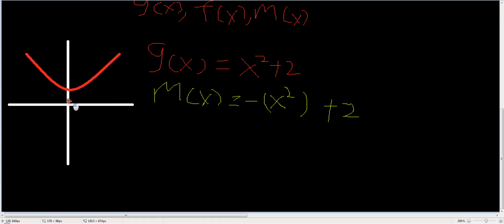Okay, here is g of x equals x squared plus 2.